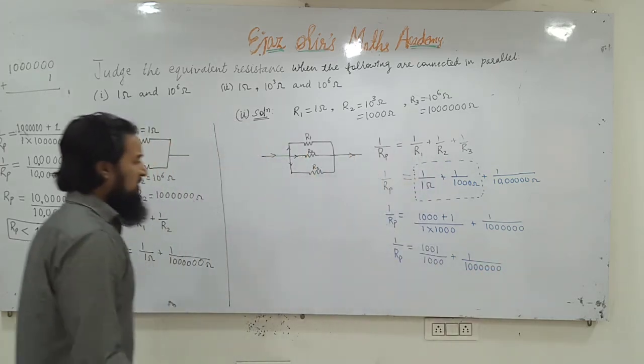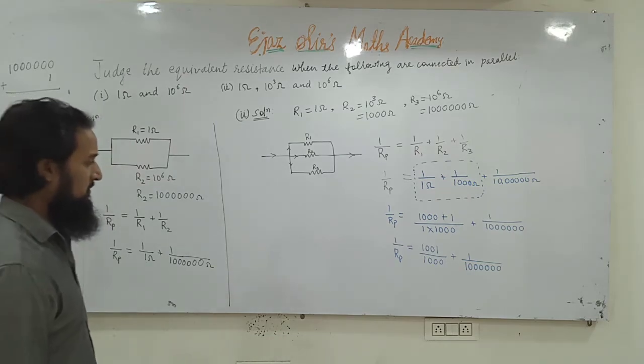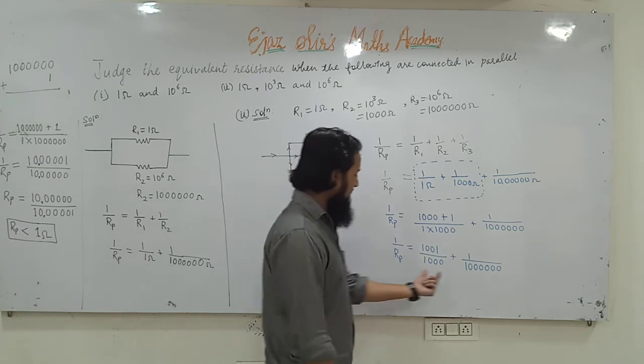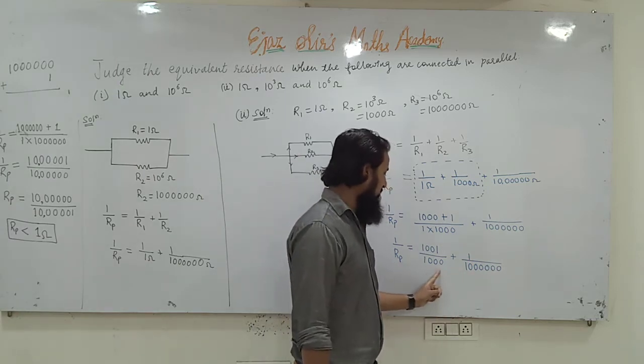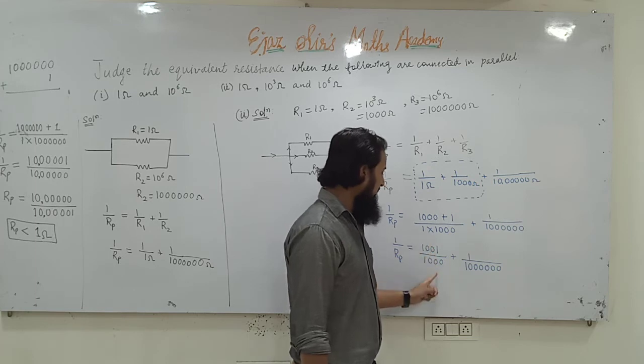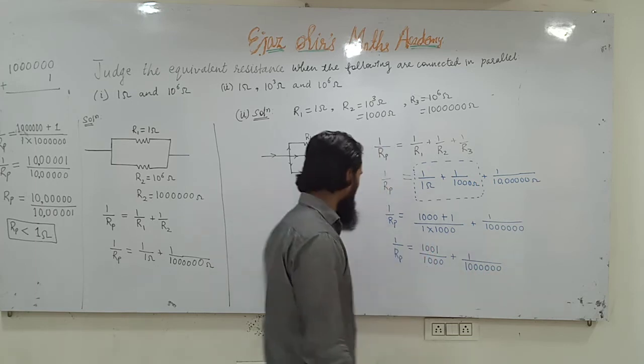Now what to do? How to solve further? If we want the denominators to become the same, we can do one thing. There are 3 zeros here. If we multiply both the values by 1000, we will get 6 zeros in the denominator also.